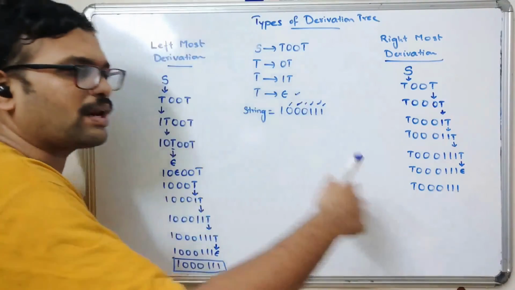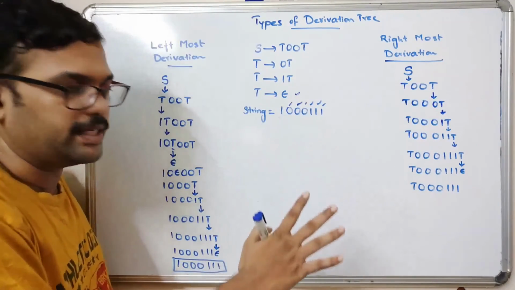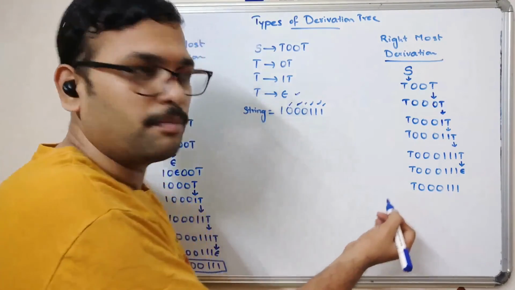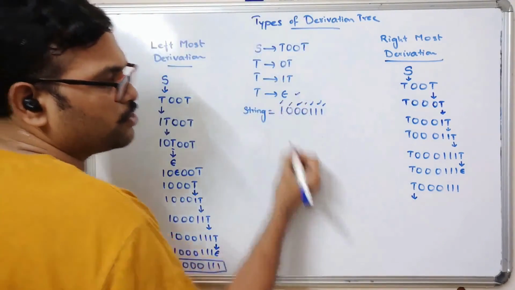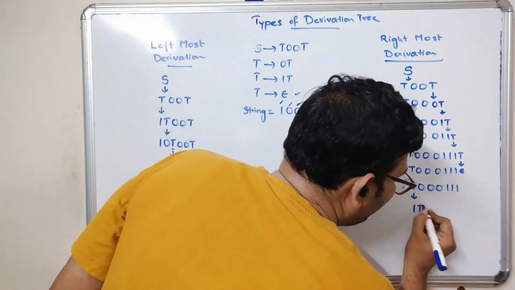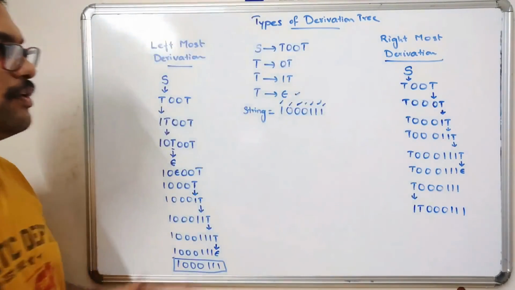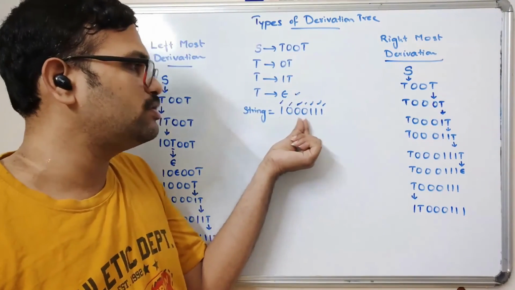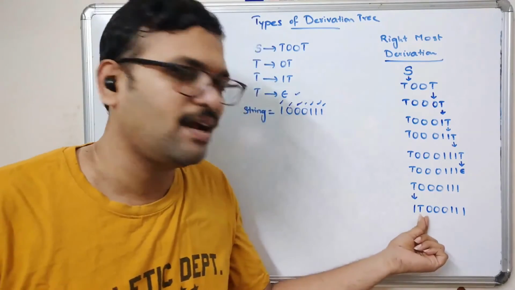So now there are no more than one non-terminal, right? It is having only one non-terminal. So we need to substitute this one. So the string will start with 1. So simply replace T with 1 T 0 0 0 1 1 1. And you can observe here the string is 1 followed by 3 zeros and 3 ones. There is an extra non-terminal.